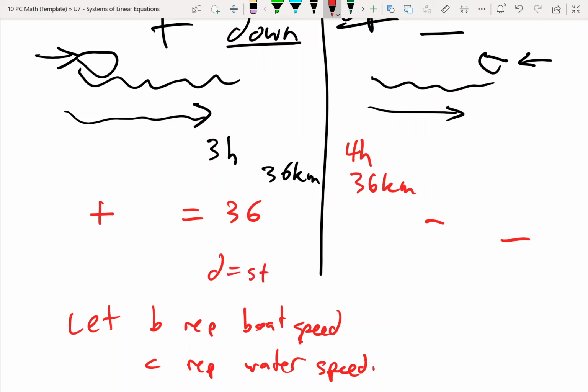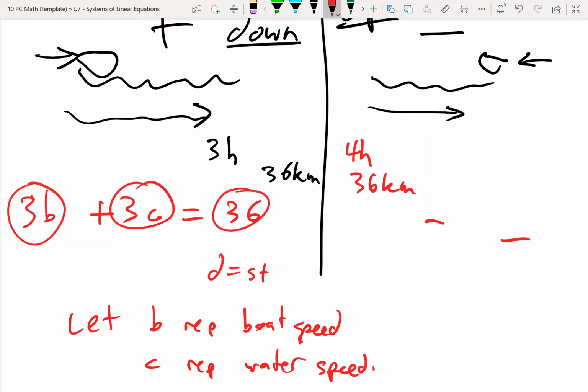In this situation, the speed, we have boat speed and current speed, and then the time was 3 and 3. So this represents, after I go for 3 hours at the speed of the boat, how far do I go, plus how far would I go from the water pushing me, gives me the total distance I went. On this side, the same thing is true, except it's 4 hours of boat, 4 hours of water current gives me the total 36.